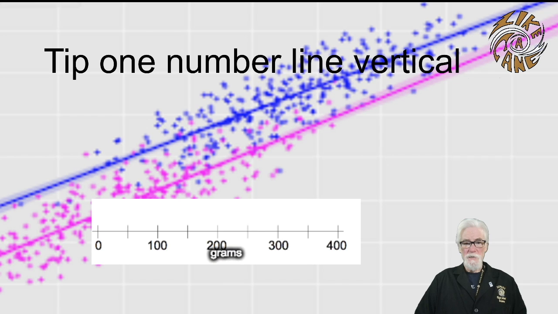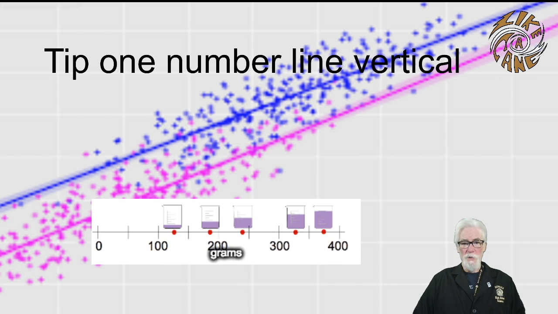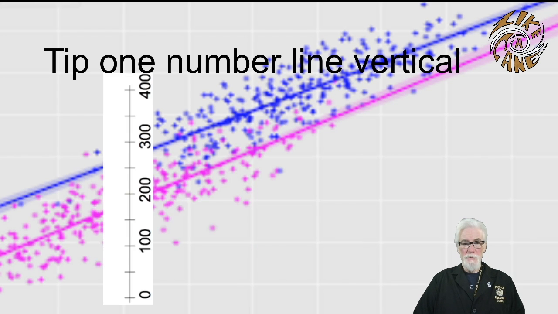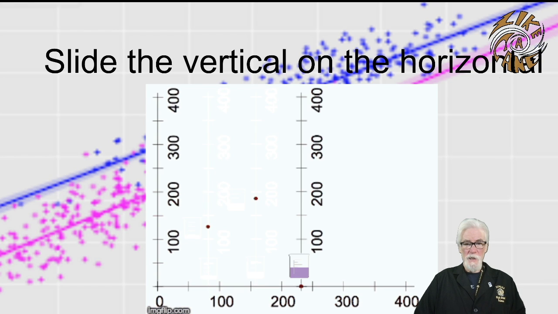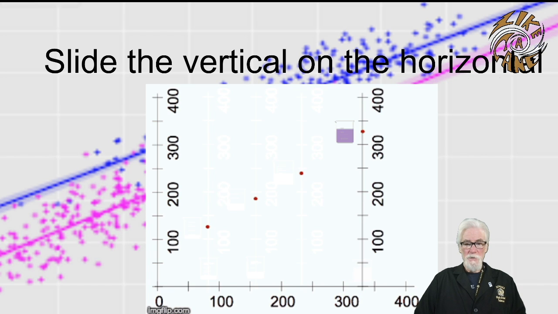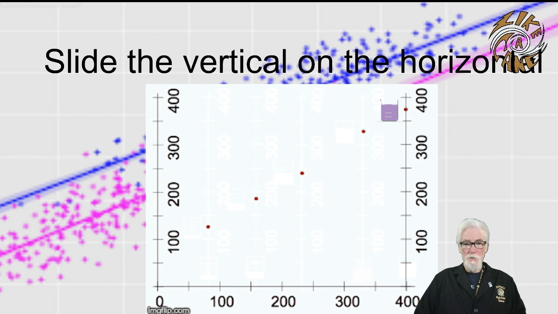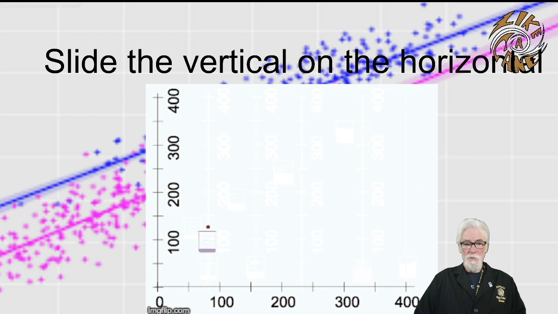So how a coordinate axis system is developed is you just take one of the two number lines that go together and you tip it vertical. So now, instead of going to the right being more weight, going up on this number line means more weight. Now we put the two together. The horizontal number line still stays in place, but every volume corresponds with a weight, and so we just slide that vertical number line along to the points that appear on the horizontal and then graph the appropriate spot in the vertical.